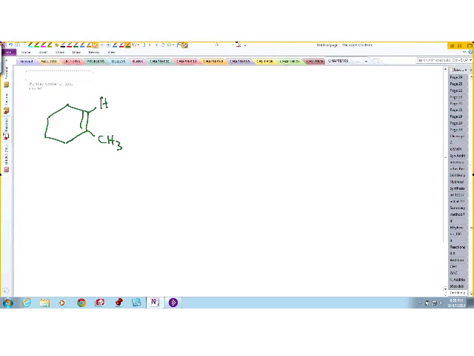Whenever you have a hydrogen attached to any carbon of the carbon-carbon double bond, that carbon becomes the carbonyl of an aldehyde. So we cleave this right here.